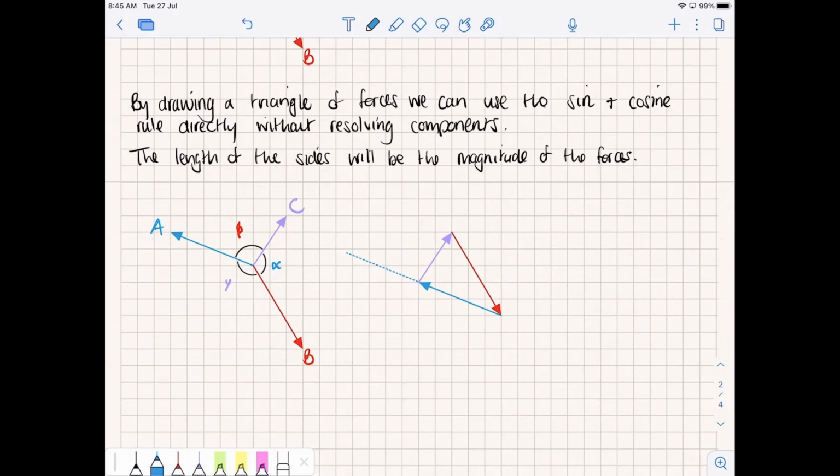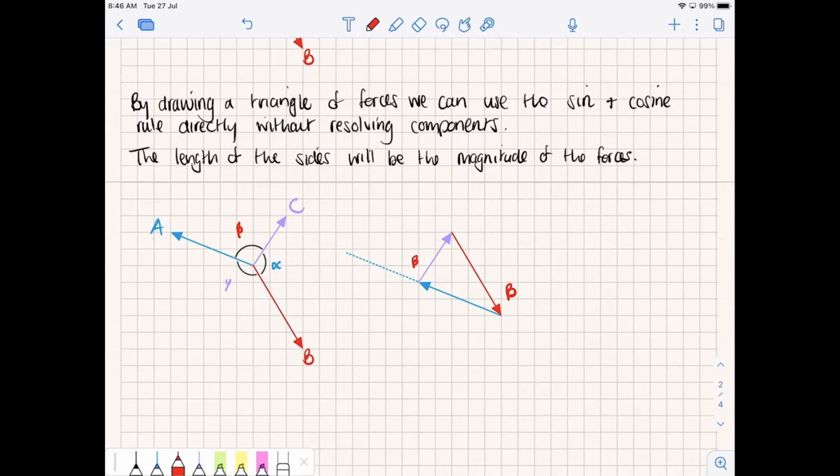Now I want you to compare the two images, and I want you to see this is where angle beta was. What I've done is I've just slid this vector down in that position, which means that here is that angle over there. I want you to note its position relative to where force B is.